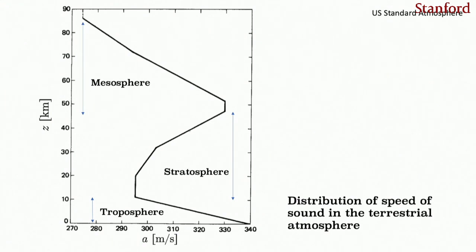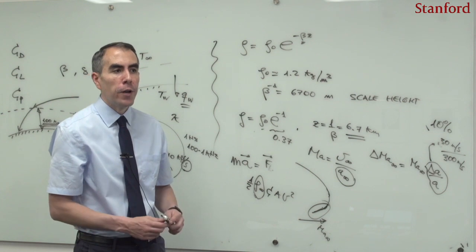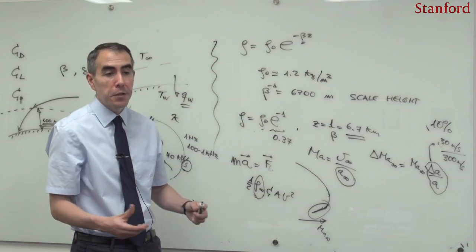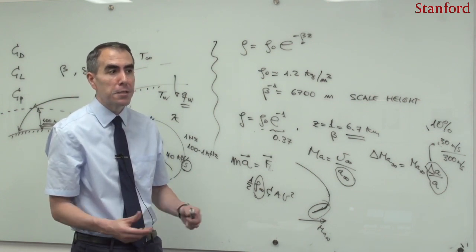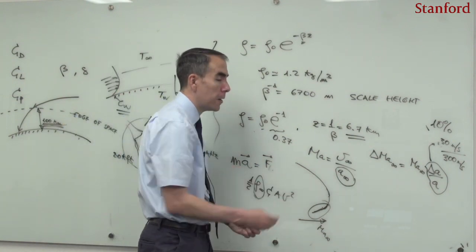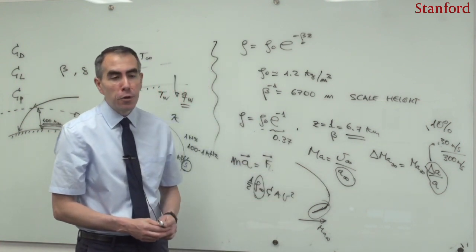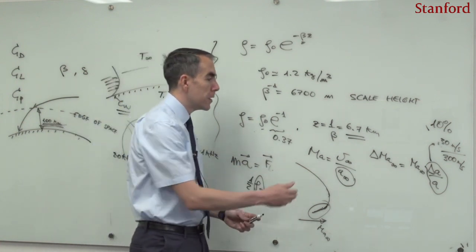In many of these conversations in hypersonics, we tend to give an estimate of the Mach number based on a characteristic speed of sound, and that speed of sound varies with altitude, but does not vary that much. So taking 300 meters per second does not lead to too much error in the estimation of the Mach number.